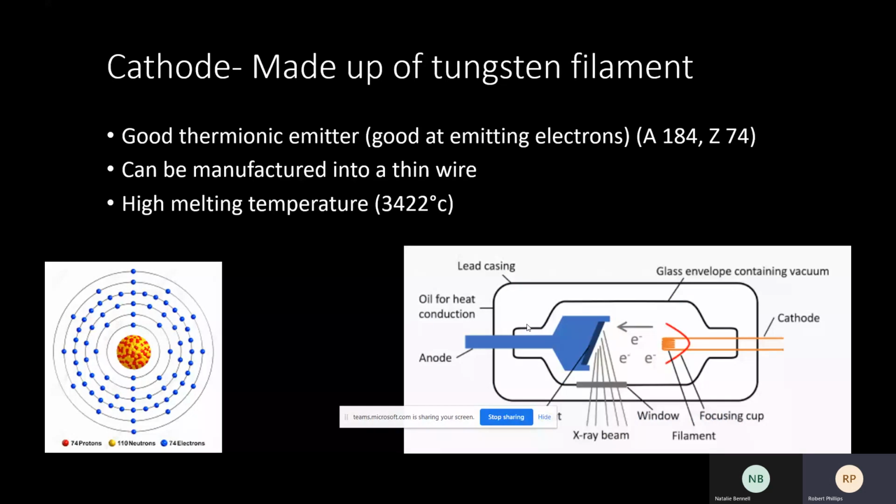So that means it's good at emitting electrons. And you can see a lot of electrons in the outer orbits of the tungsten atom. Second is it can be manufactured into very thin wire. So it's really easy to heat up. And the third is it has got a high melting temperature of 3000 to 3422 degrees Celsius.